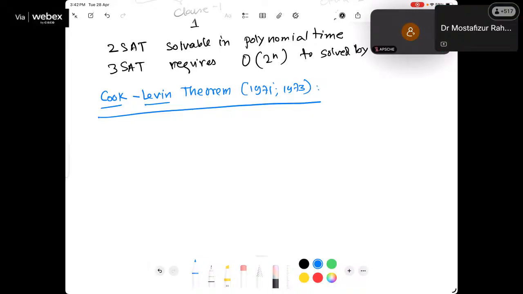The statement is: Boolean satisfiability, or the SAT problem.